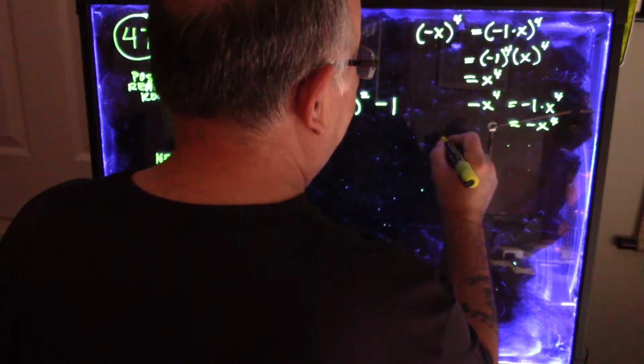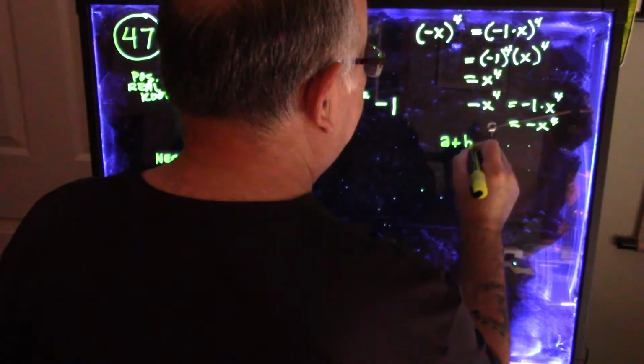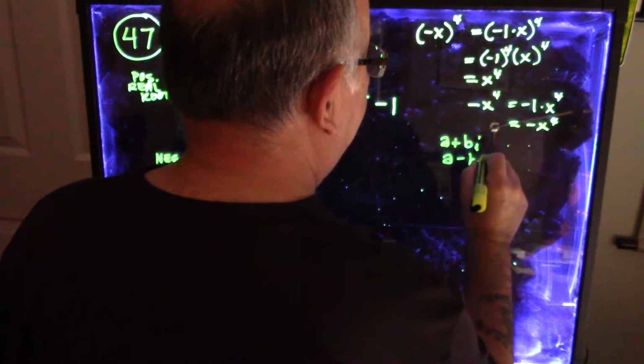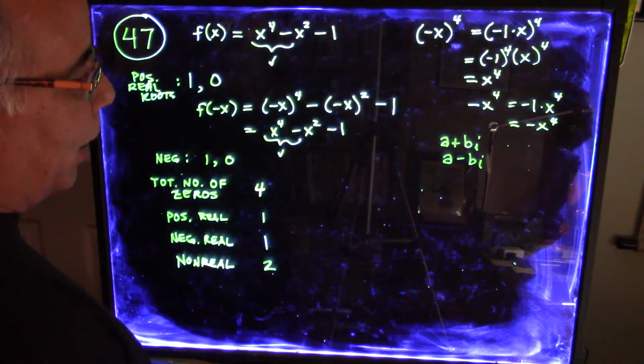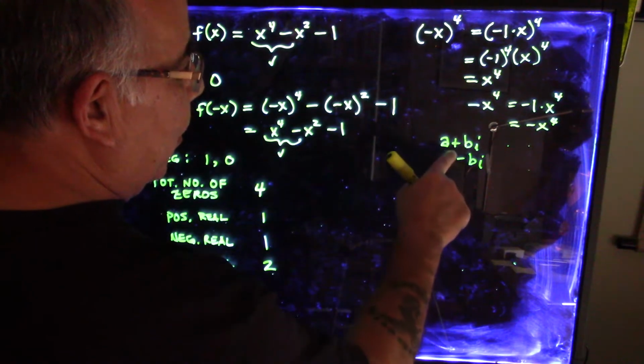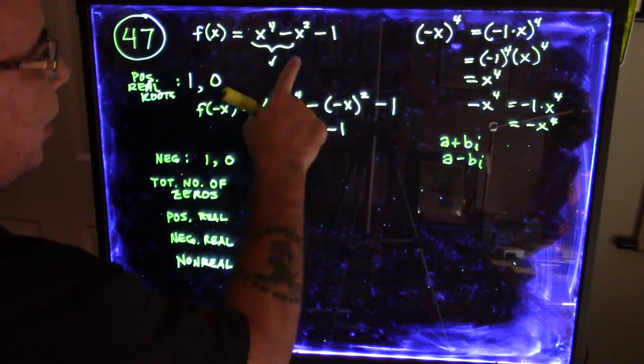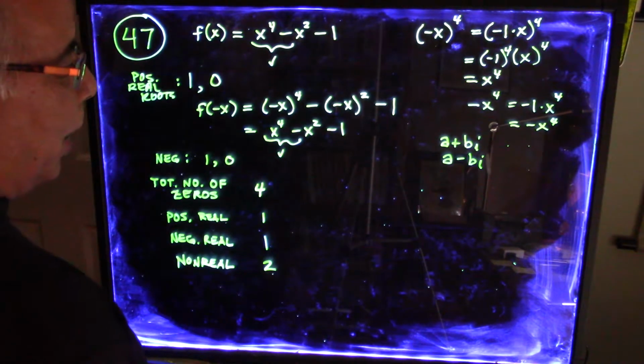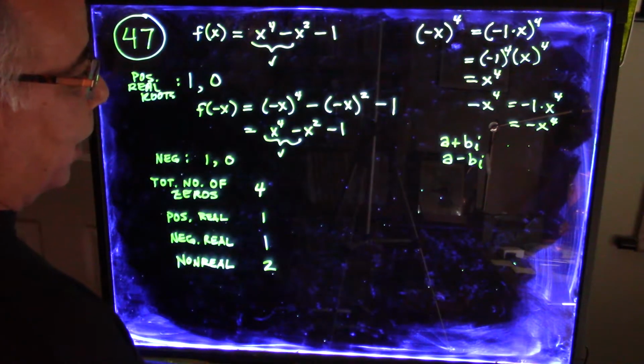If a plus bi is a root, a minus bi will also be a root. These are conjugates of each other. So if you have one non-real root, you're going to have another one.